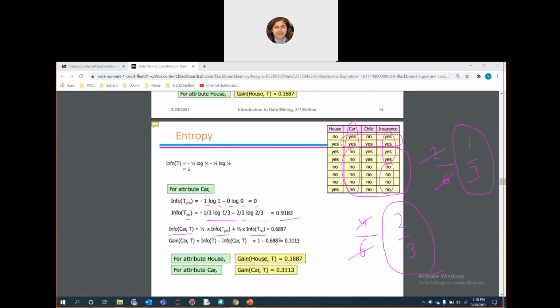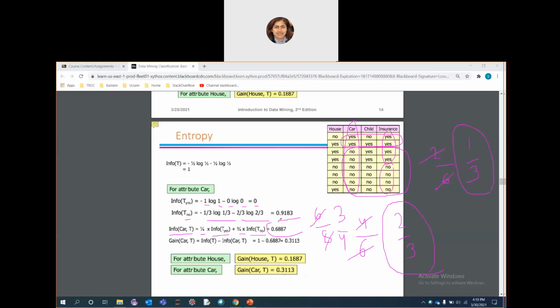So for info of car T, how many total yes are there in the given car attribute, not the insurance? For the car attribute, we have 2 divided by 8, so it will become 1 by 4. And out of 8, we have 6 no's. So it will be 6 divided by 8, which will give you 3 by 4. That is why we have 3 by 4 here.